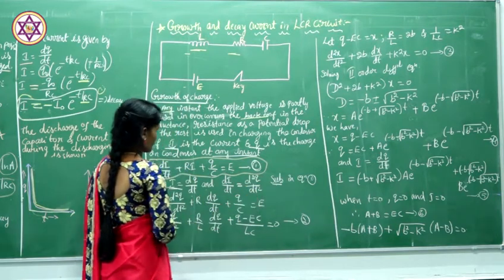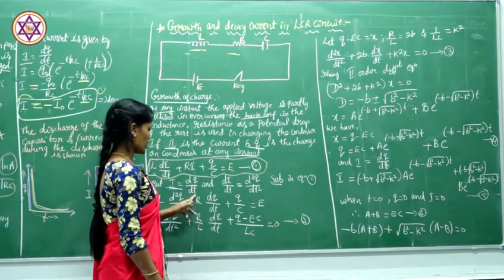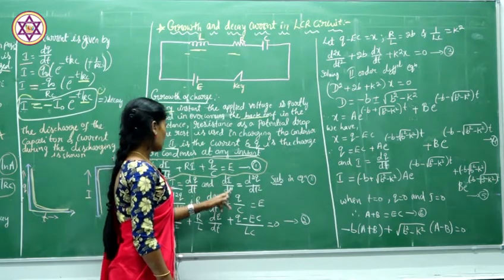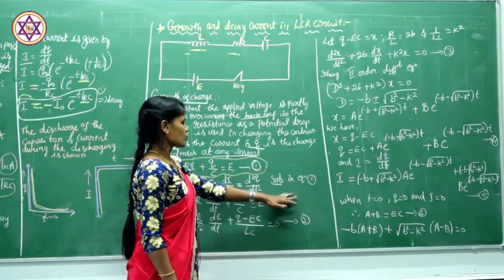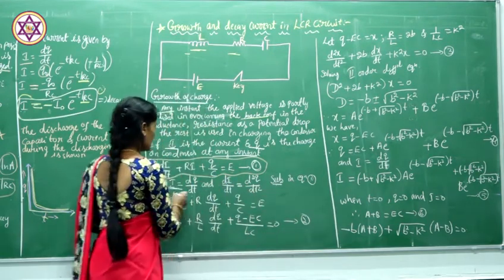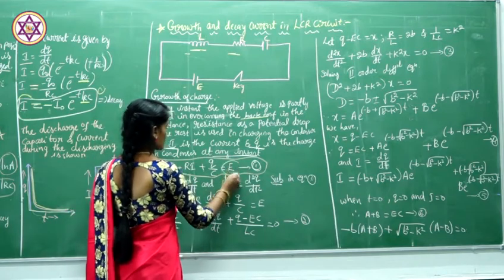Substitute I and di by dt in equation 1.